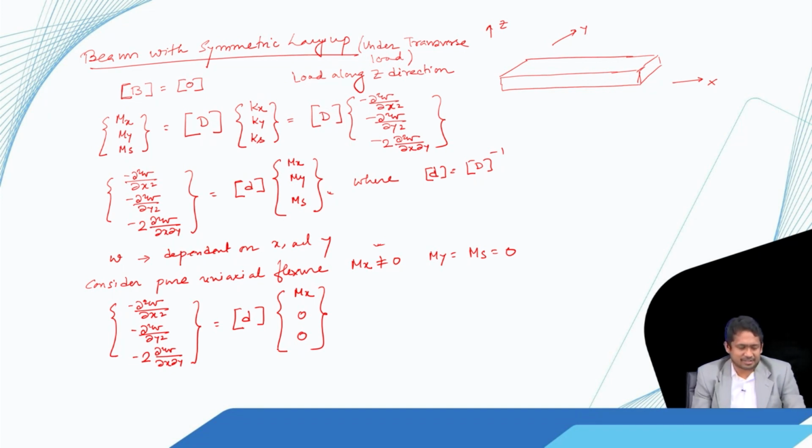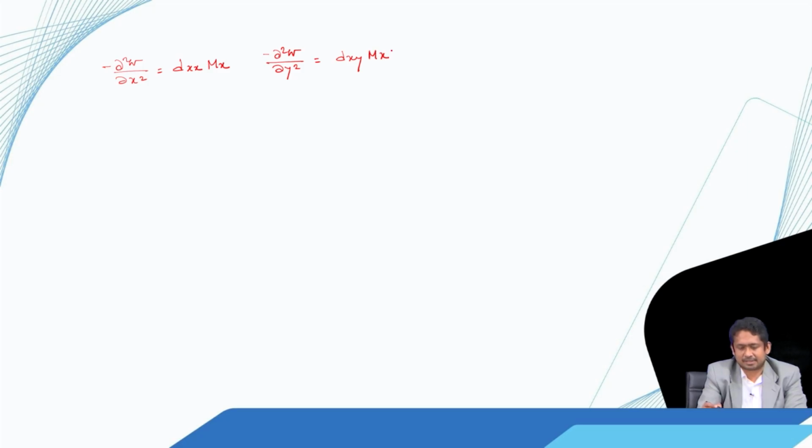Now with this we can write minus del 2 w by del x 2 is equal to dxx Mx, and here we have minus del 2 w by del y 2 is equal to dxy Mx.